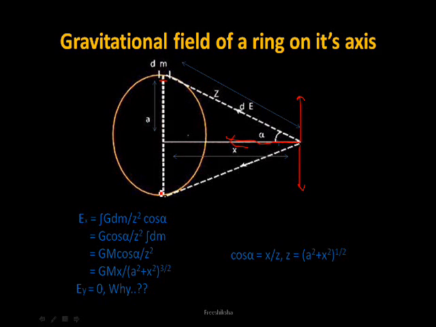If you take this dm and this dm also, this dm will put a field in the upward direction, while this dm will put a field in the downward direction. So both will cancel each other out. Similarly, if you take components on one side of the ring, they will cancel the components on the other side of the ring. So Ey will be equal to 0.